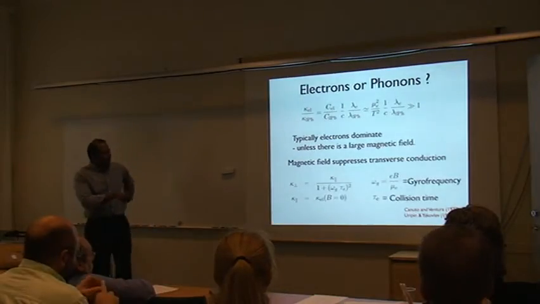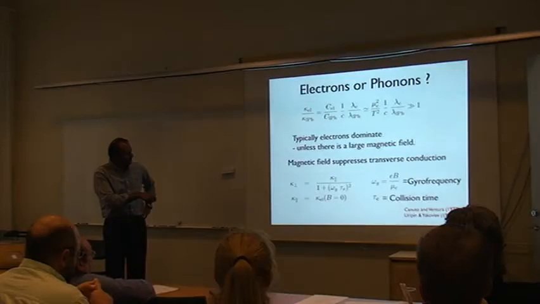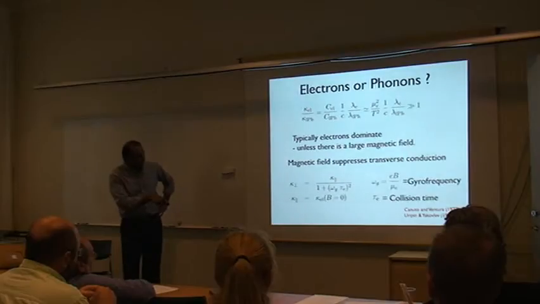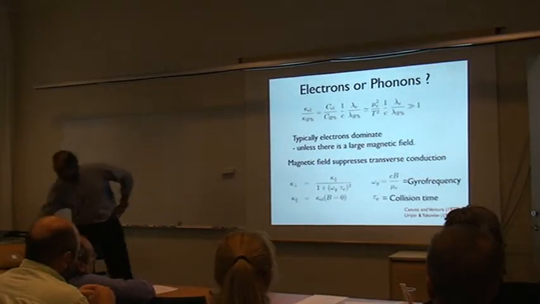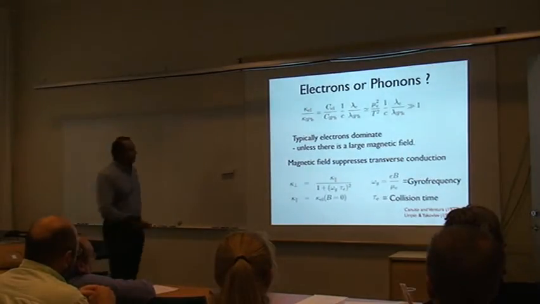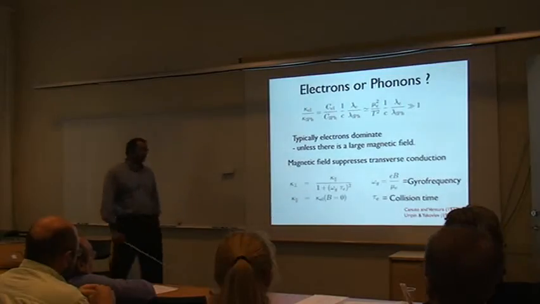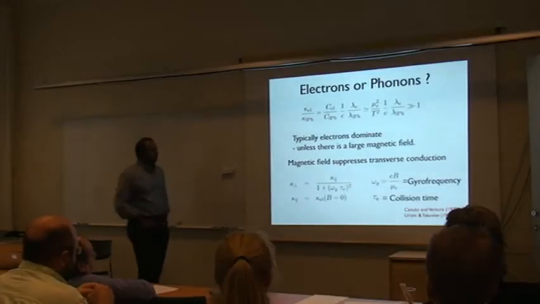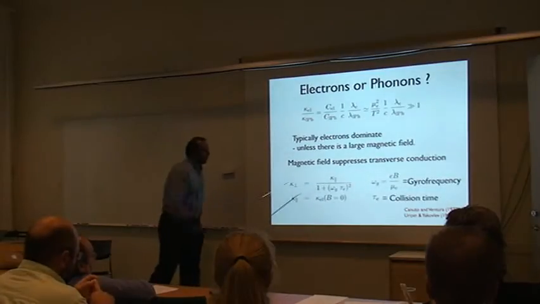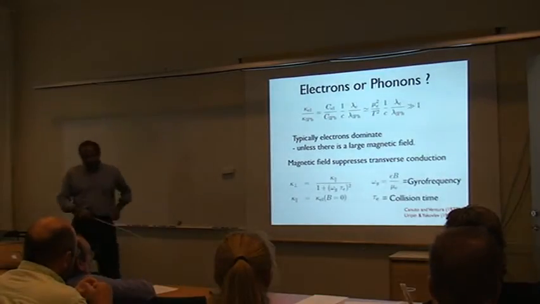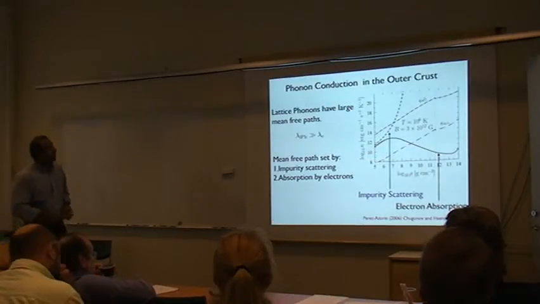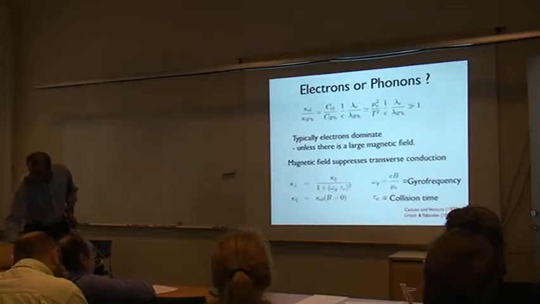The semi-classical result is that the conduction perpendicular to the field is highly suppressed by this factor here that can be as large as several orders of magnitude, where omega is the gyro frequency defined by this relation and tau is the collision time. So there are situations in which the electron conduction can be small.